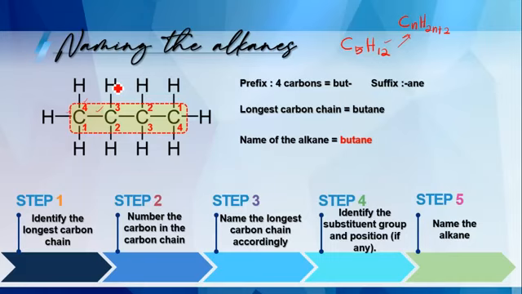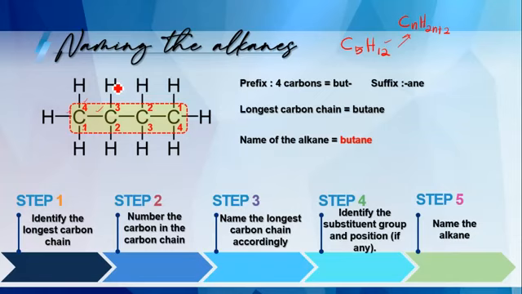Okay, step number 1, remember, find or identify the longest carbon chain. You need to remember the carbon chain is not always straight, so you can bend it, depending on the drawing. As long as each carbon is connected, we can call it a chain.